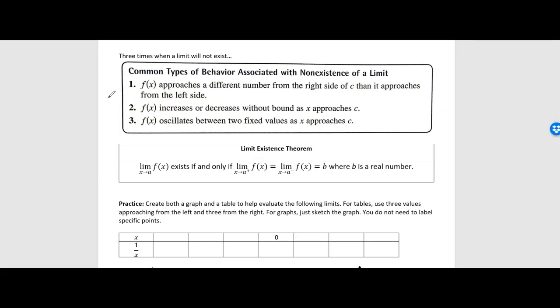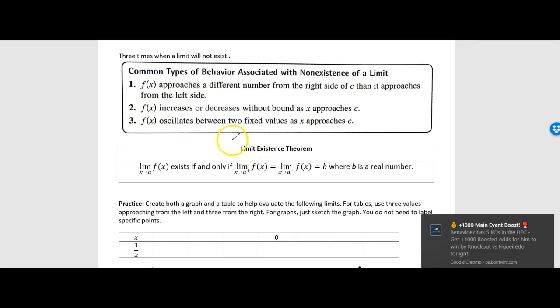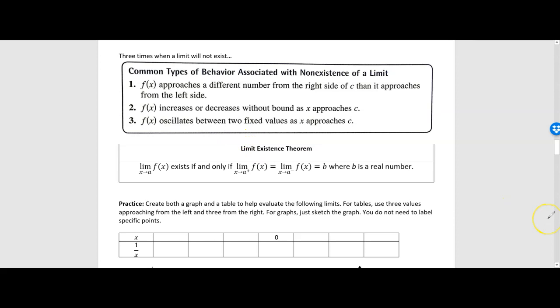And then down here, the limit existence theorem tells us when a limit will exist. The limit of f of x as x approaches a exists if and only if the limit as x approaches a from the positive side of f of x is equal to the limit as x approaches a from the negative side of f of x is equal to b, where b is a real number.